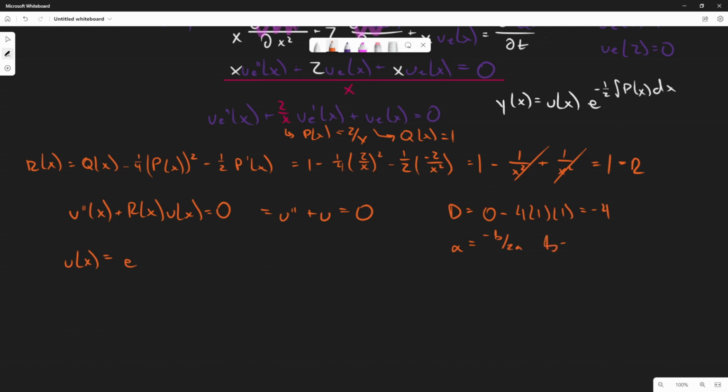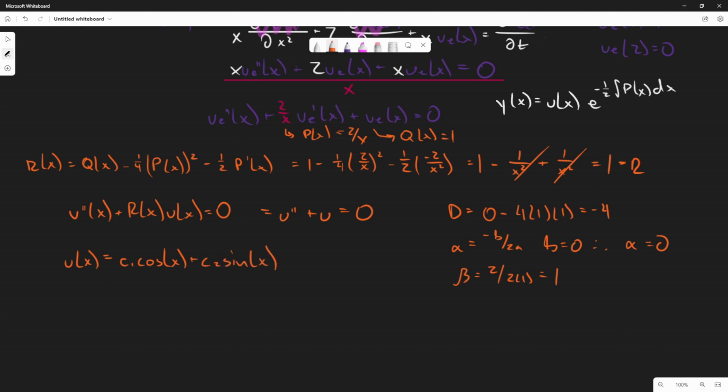Because b is equal to 0, alpha is equal to 0, and then our beta is going to be equal to the square root of negative d, so it'll be the square root of 4, which is 2, over 2 times 1, which is just 2, so this will be reduced to 1. Therefore, our solution for u of x will be c1 cosine of x plus c2 sine of x.